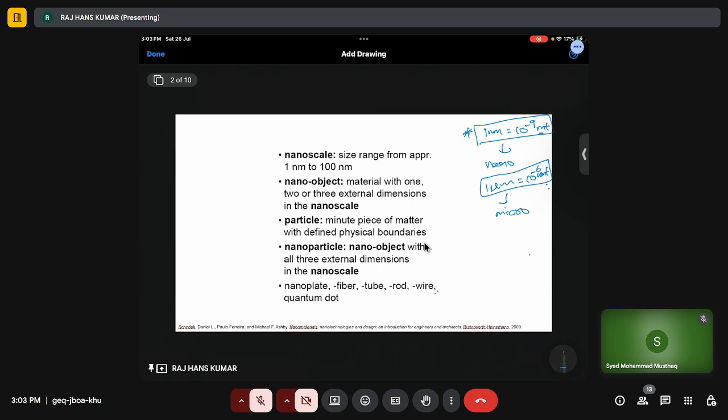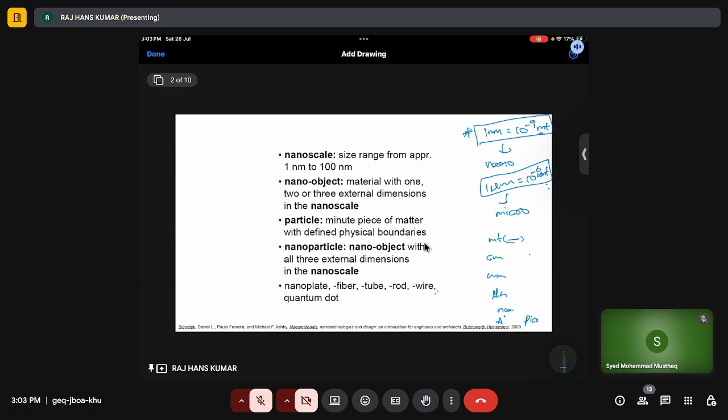Now, coming to the scientific part, as I have said before, 1 nanometer equals 10 to the power of minus 9 meters. You have meter, then centimeter, then millimeter, then micrometer or microns, then nanometer, then angstroms, and then picometers.